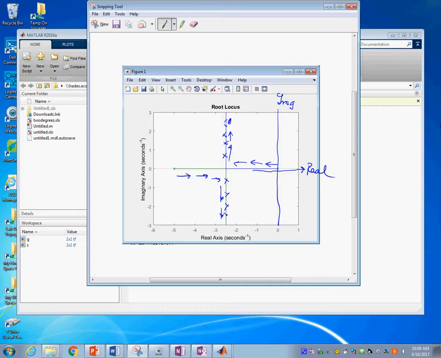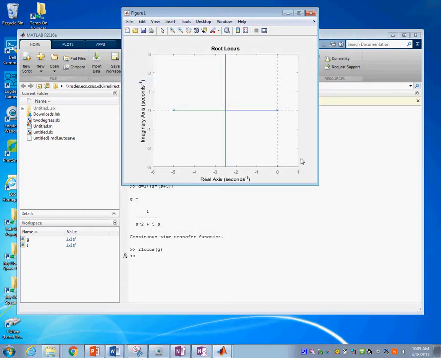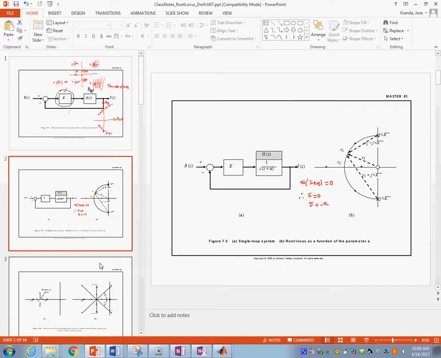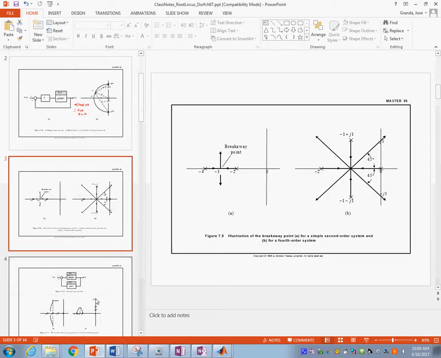With others, the system would go unstable. And that is the idea that we have in this presentation, that we can look at different types of controls, different types of situations of the transfer function here.